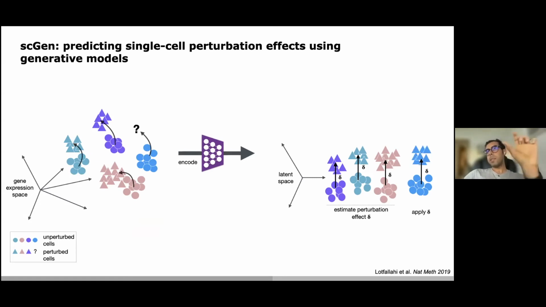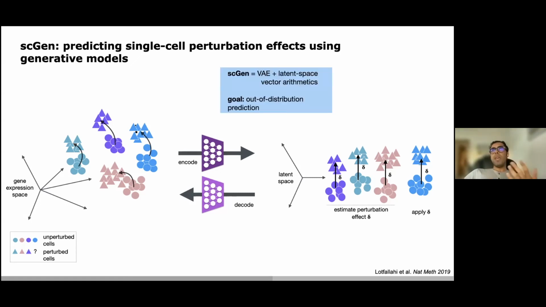We added this delta vector in that low-dimensional representation to the control cells to predict the perturbed cells. Then we decoded them back to the high-dimensional gene expression space, where you can use the predicted cells. So basically it was a VAE with simple latent space vector arithmetic, and the goal was to predict out-of-distribution or unseen cell types in a certain condition that you didn't see.